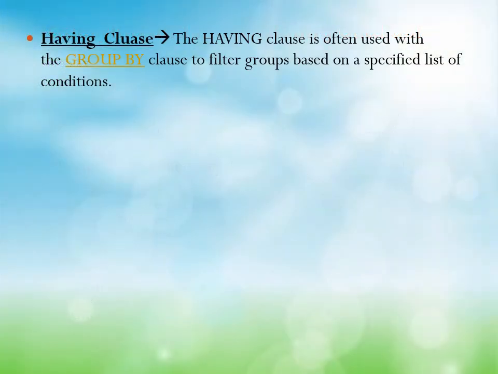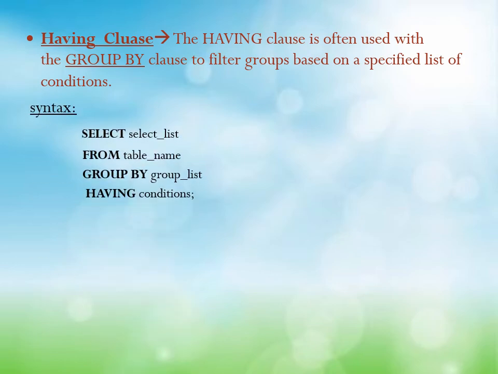Next, having clause. The having clause is often used with the group by clause to filter groups based on a specified list of conditions. So having is used to define a condition in SQL or MySQL, but it is always used with the group by function.